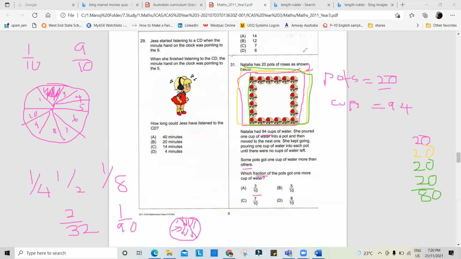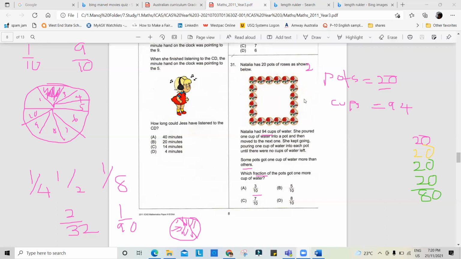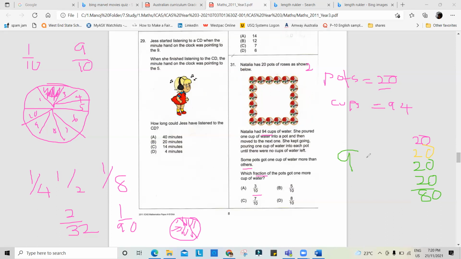Next round, I erase this one, because you finished 4 rounds now. Now how many cups are left? No, 80. That means, how many are left? 94 minus 80. How much?